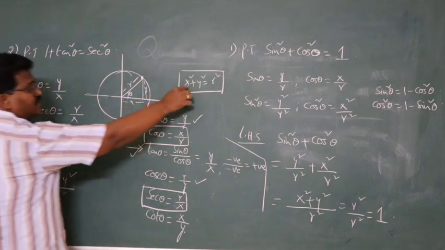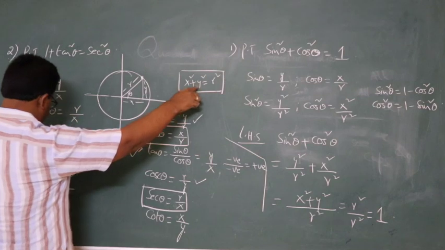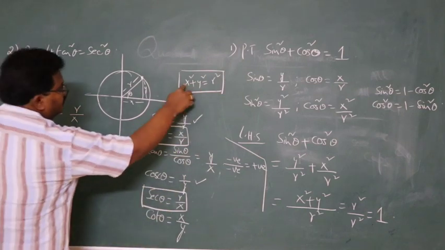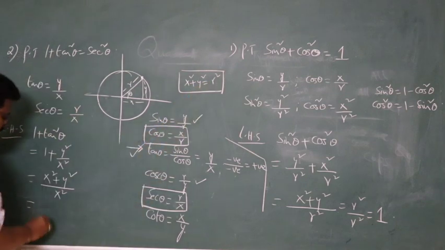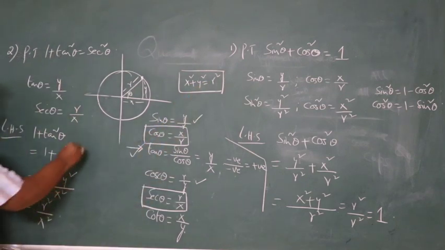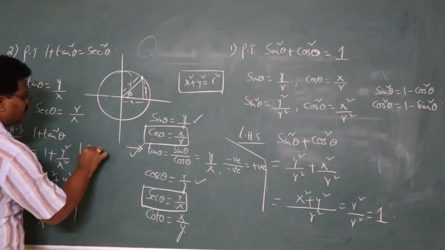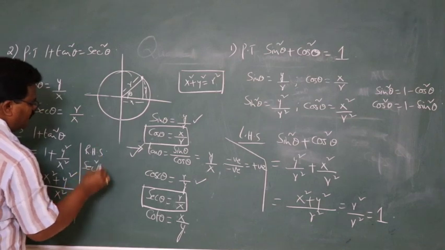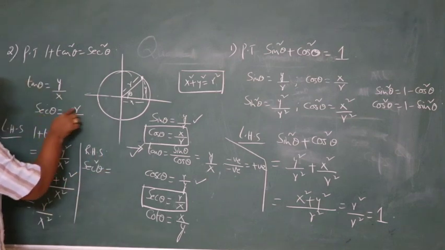So from this, x square plus y square is equal to r square. So this is r square by x square. Now what is the RHS part? Secant square theta. What is secant theta?